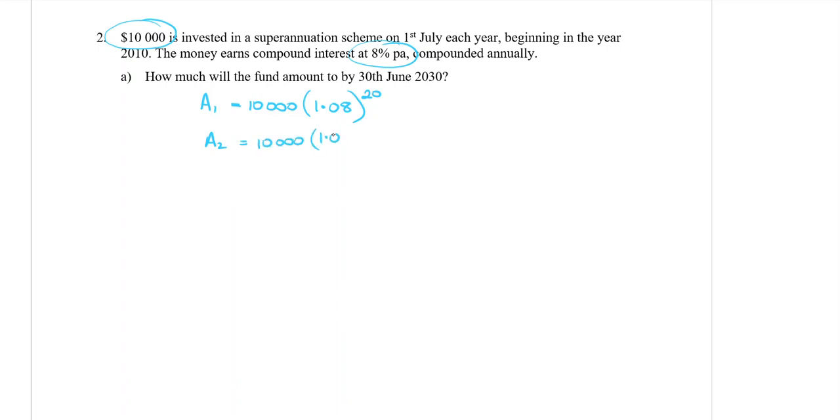It's going to be there for 19 years. And the pattern continues down to the 20th year, which is the deposit on the 1st of July in 2029. Does that make sense? In 2029, they deposit it, but they would get a year's worth of interest going to the 30th of June the next year. So that would be 10,000 × 1.08 to the power of 1.